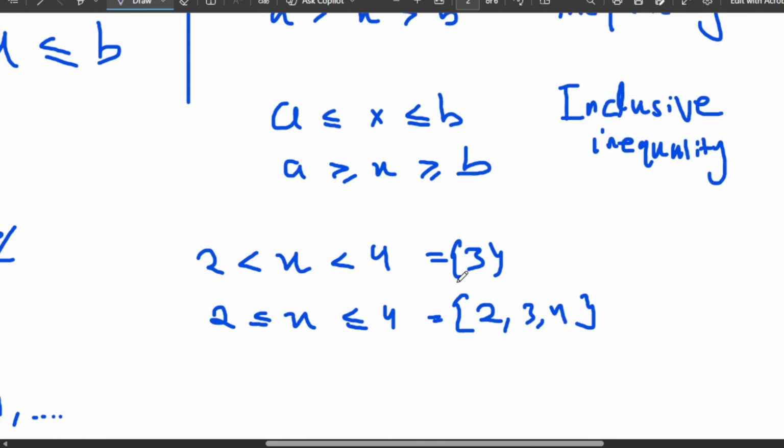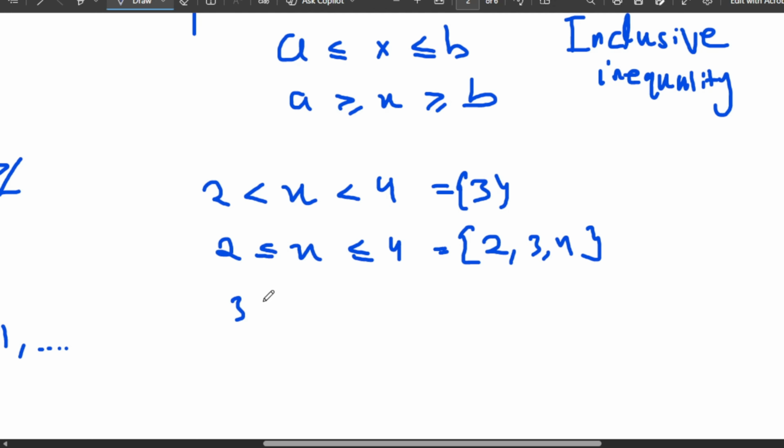So 2 is less or equals to x, and less than or equals to 4, that means it includes 2 and 4. So 2, 3, and 4. If 3 is greater or equals to x is greater or equals to, say, -1, it must be between -1, 0, 1, 2, 3, and that's it.